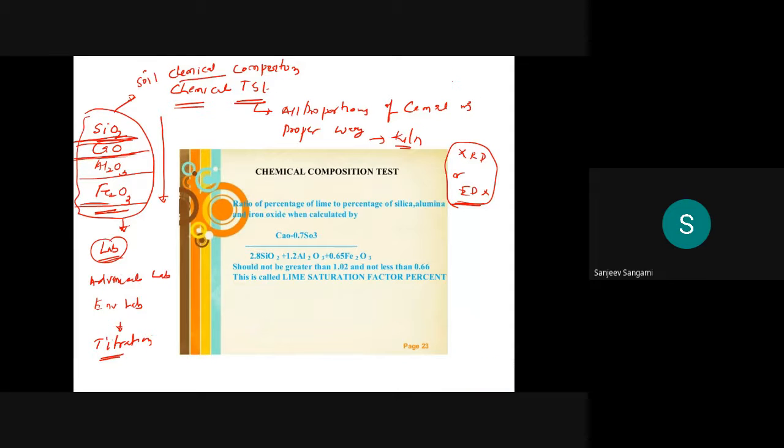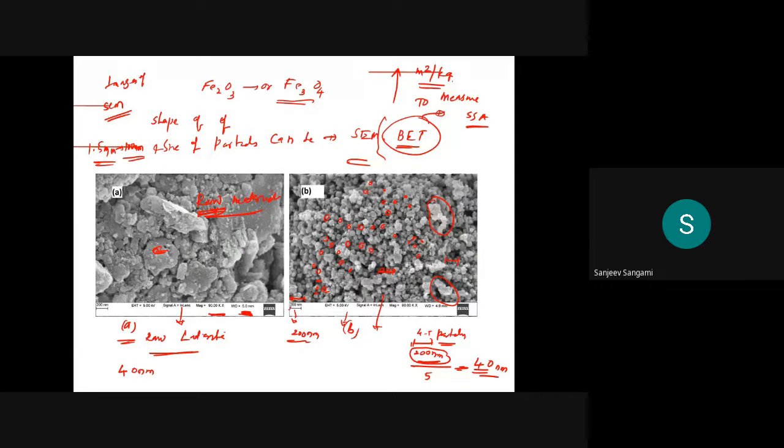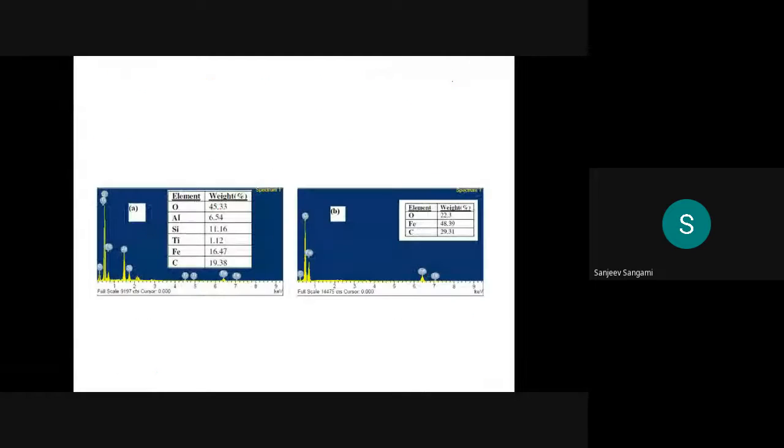So then we have calcium oxide, that is hydrated. And so how exactly can this chemical composition be calculated? As I was telling you previously, that is the EDX.